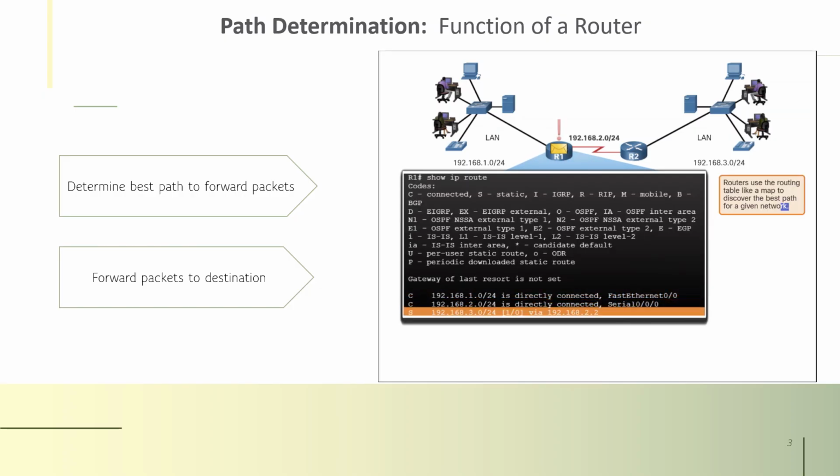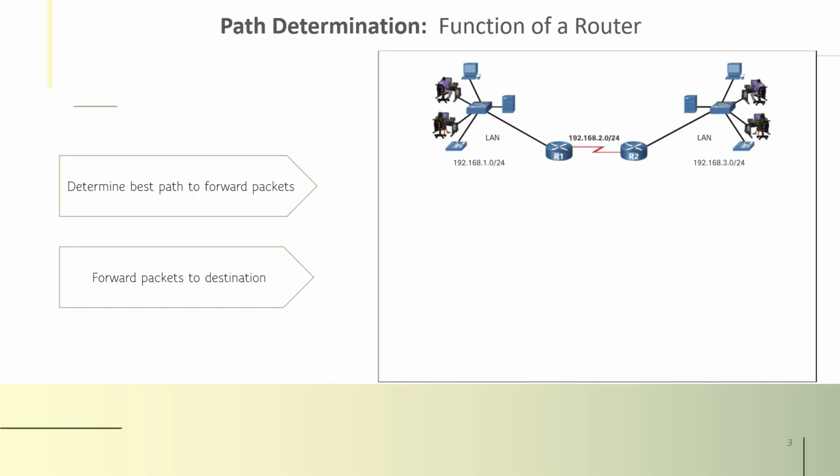Because for router 1, the final destination was a remote network. So it had to send the packets to router 2, and router 2 will send the packets to the right destination, which is a network that is connected directly to one of its interfaces.